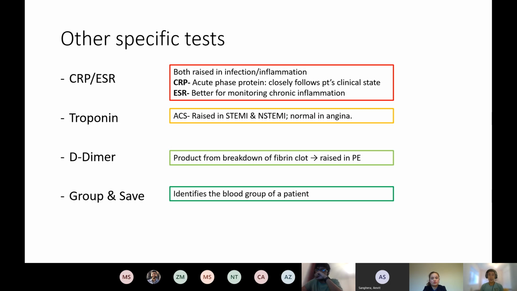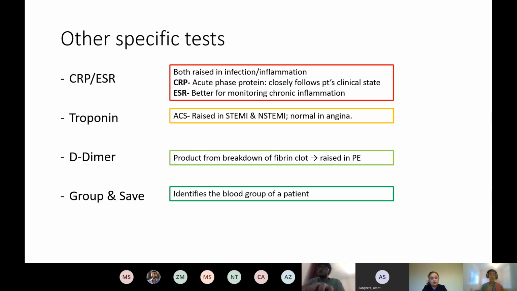So I did Mod A last, so I spent ages not knowing what ACS is, but it's like a catch-all term for people who come in with STEMIs, so MIs, whether it's ST elevation or non-ST elevation, but also unstable angina. So that should read normal and unstable angina. Sorry. So troponin is raised in a myocardial infarction, but normal in an unstable angina, and angina for that matter.